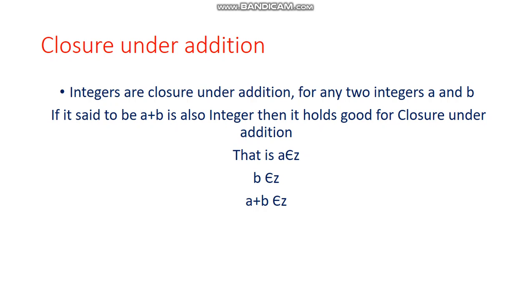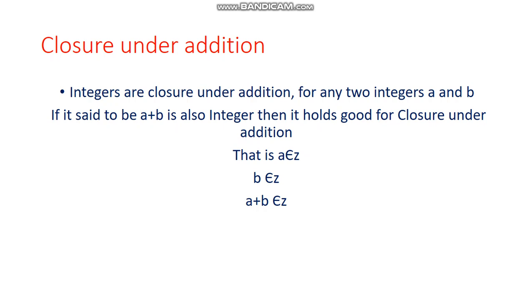For example, a belongs to Z, that means a belongs to integers, and b also belongs to integers. When we add a plus b, the condition is that it is also an integer. Then it holds good for closure under addition.